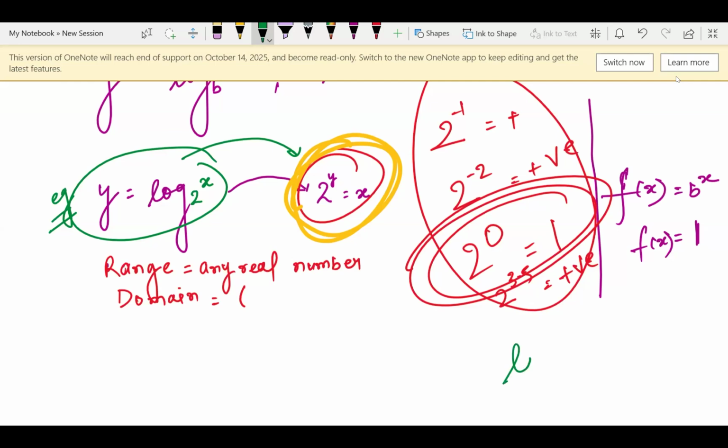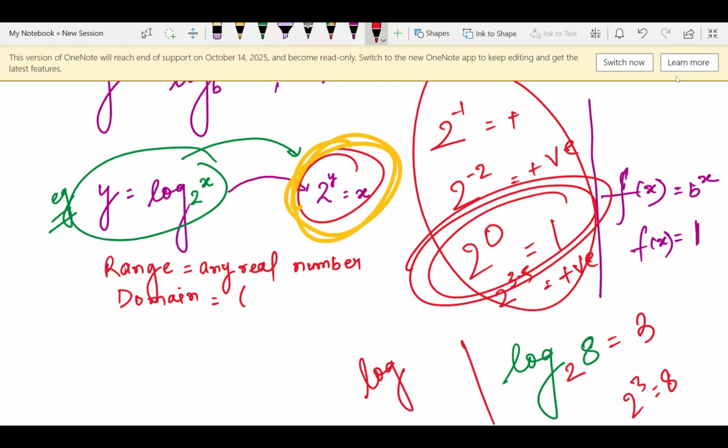For example, if we have log 8 base 2 equals 3, that means 2 to the power 3 is 8. Similarly, if I write in terms of x and y, you should not get confused: if you have log x base 2 equals y, that means 2 to the power y is x.